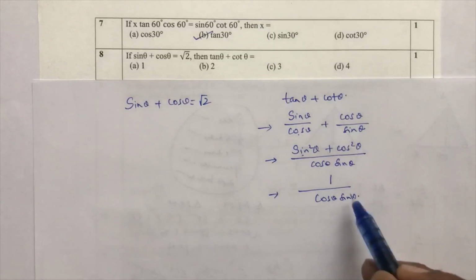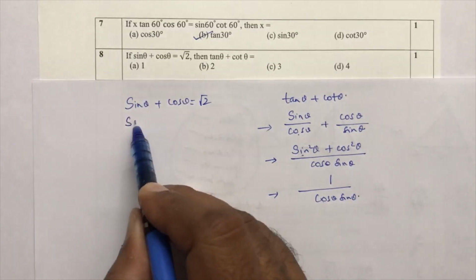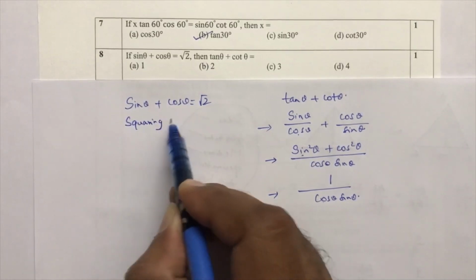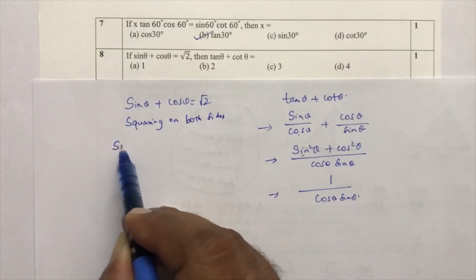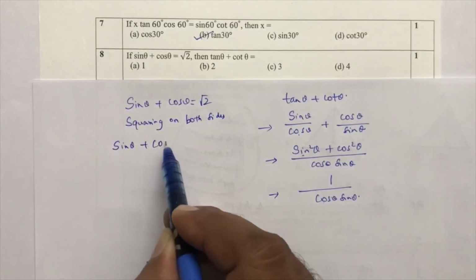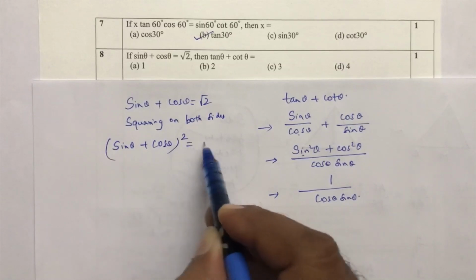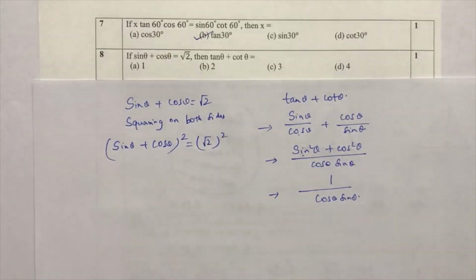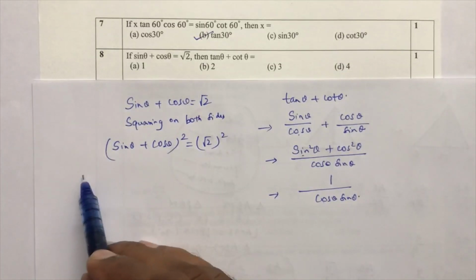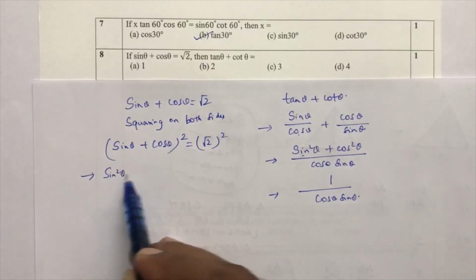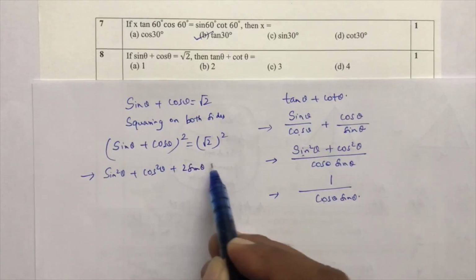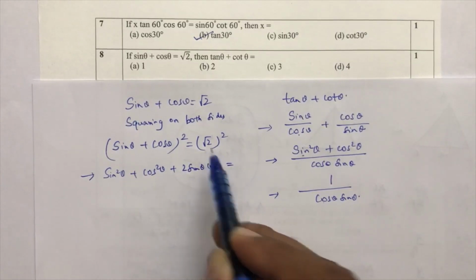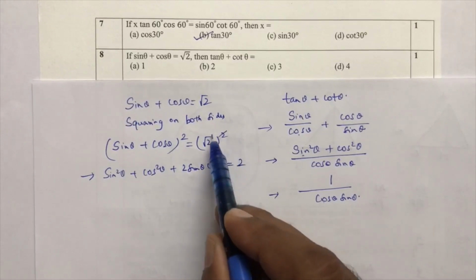Now I need the value of cos theta sin theta. I'll get that by squaring both sides. Sin theta plus cos theta whole square equals root 2 whole square. A plus b whole square: sin square theta plus cos square theta plus 2 sin theta cos theta equals 2, because the square and root cancel.